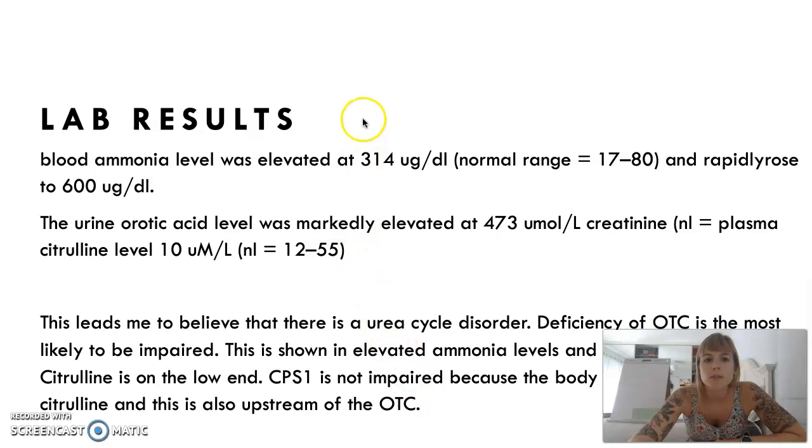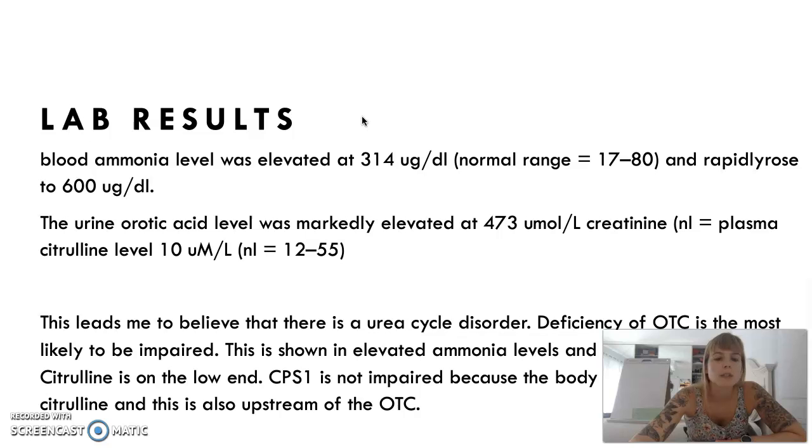These are the lab results that were presented. So the blood ammonia level is elevated, urine orotic acid level is elevated, and the citrulline level is slightly below normal levels. And so this led me to believe that there is a urea cycle disorder, and deficiency in OTC is the most likely to be impaired because of the elevated ammonia and orotic acid.